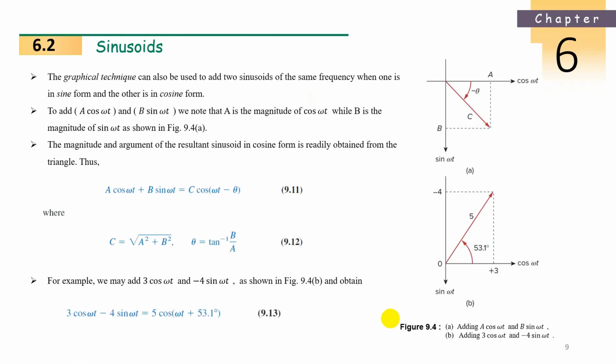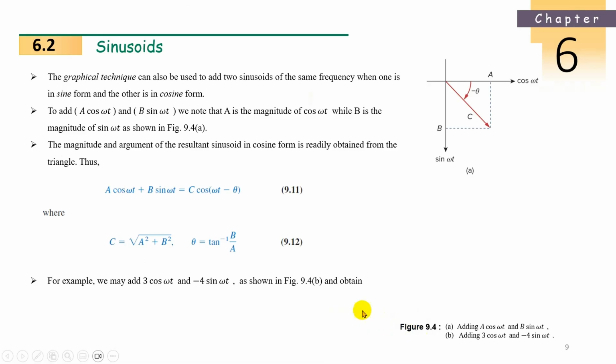Minus 53, yes, minus 53. Minus means what, anti-clockwise or clockwise? Clockwise, down. Minus means clockwise, from this one. So minus 53. This is your 53 degrees.